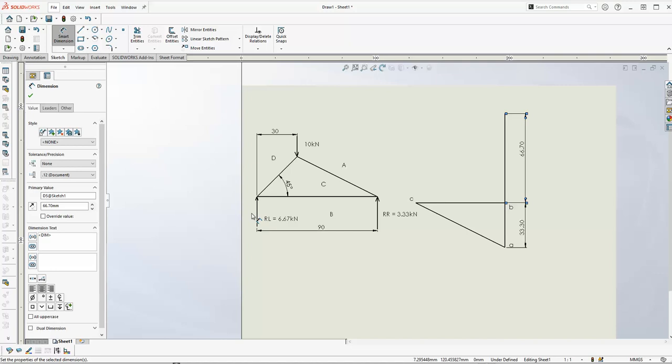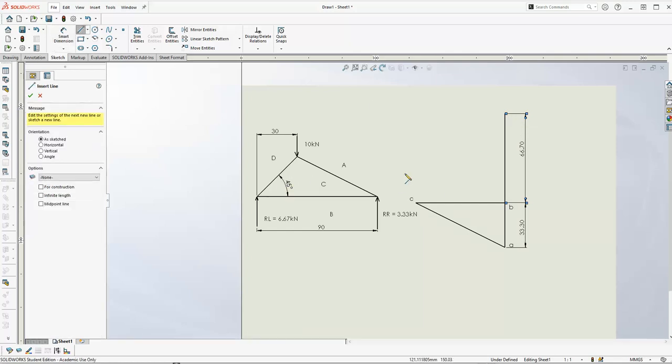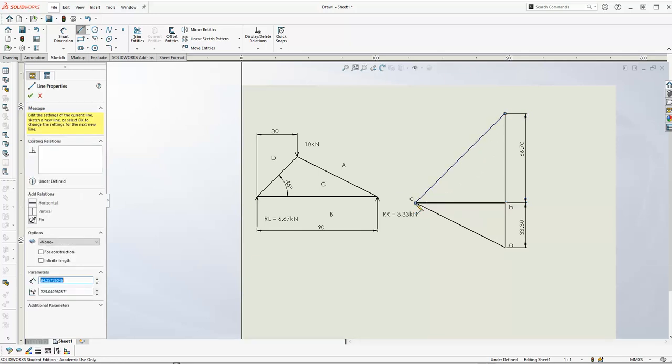can now find force DC, which is going to come down at this angle. So if we create a line, it's going to connect to C. And I think we'll find that is parallel to that one.